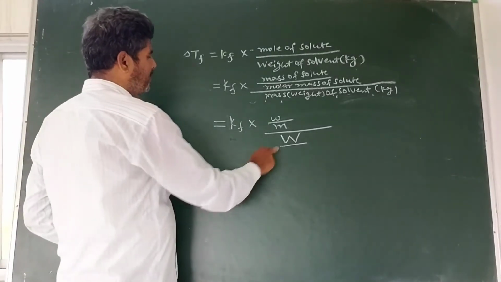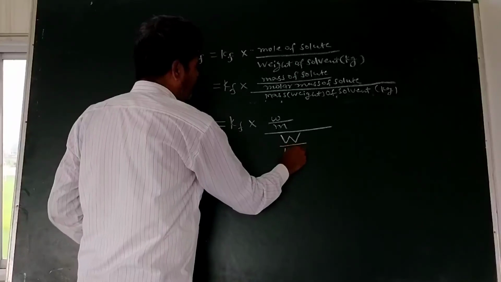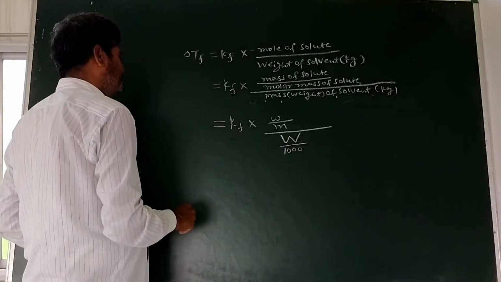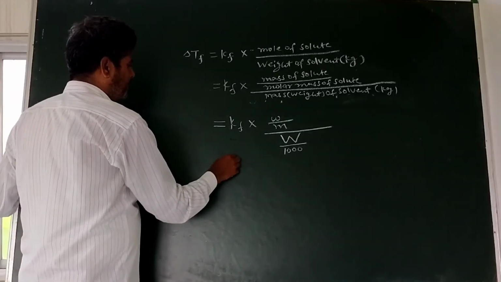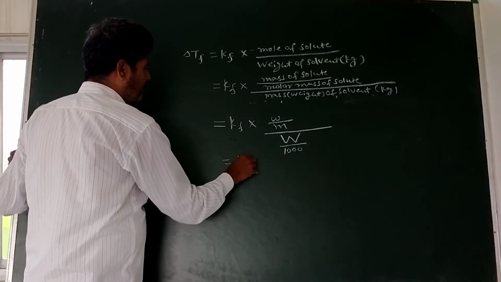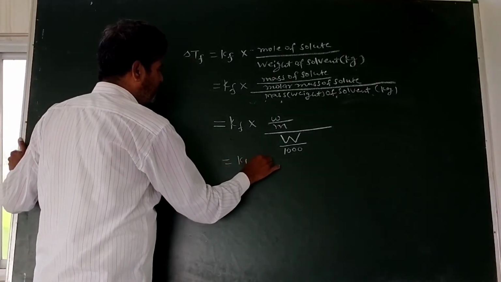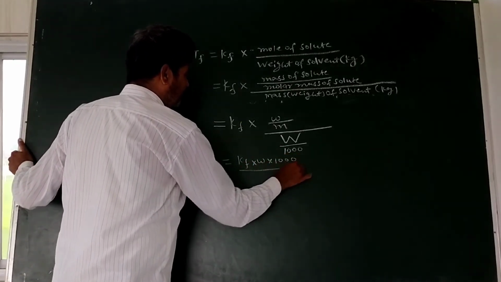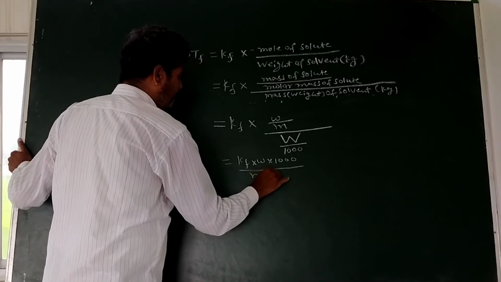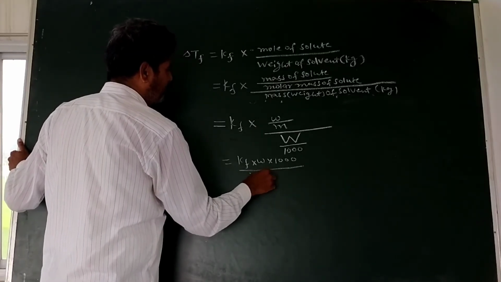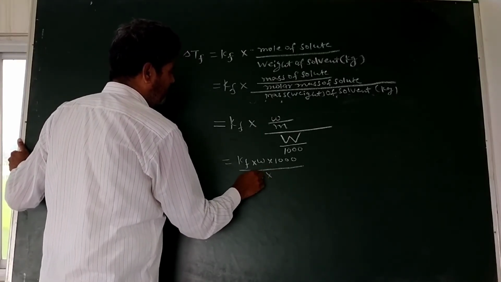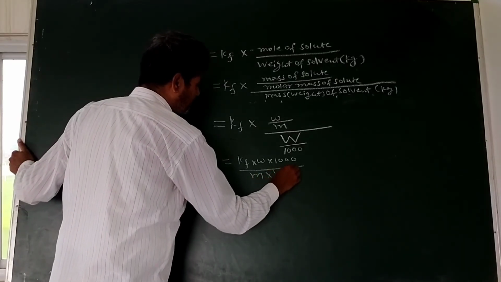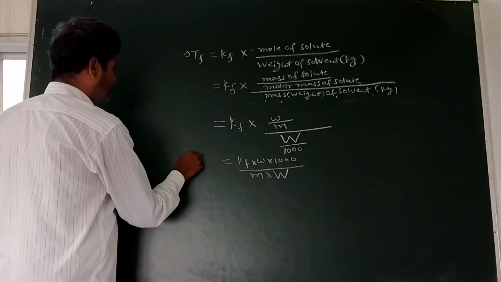So when capital W is divided by 1000, the weight of solvent will be converted into kg. Kf into small w into 1000 upon small w, mass of solute, small m, molar mass of solute, and capital W, weight of solvent.